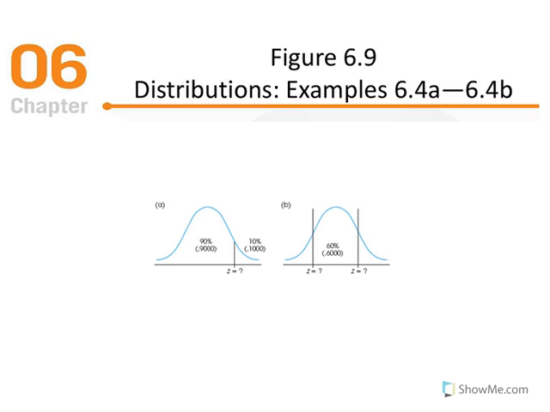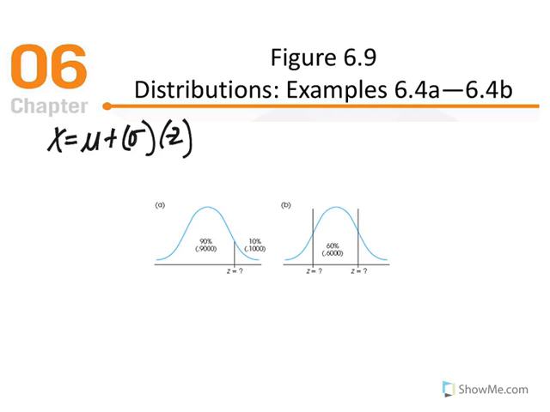In the following example, we'll look at example 6.4a and b. And this process is a little different, and what we're going to use is the equation x is equal to mu plus our standard deviation multiplied by z.